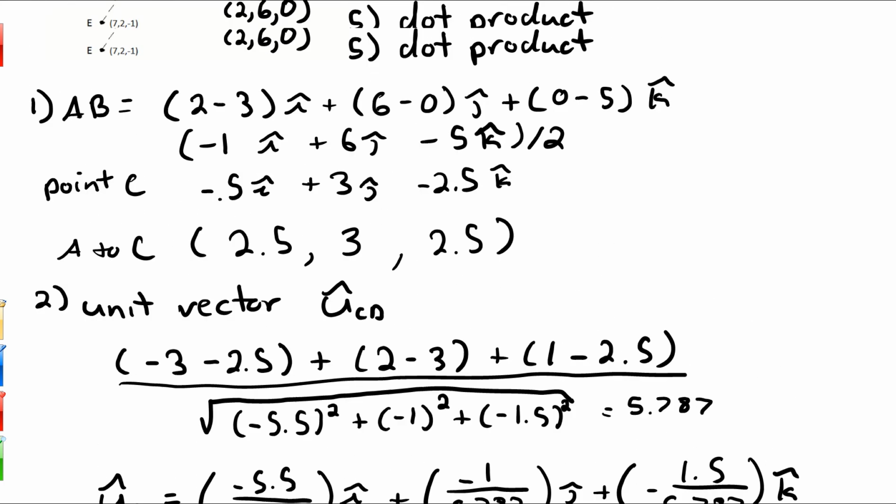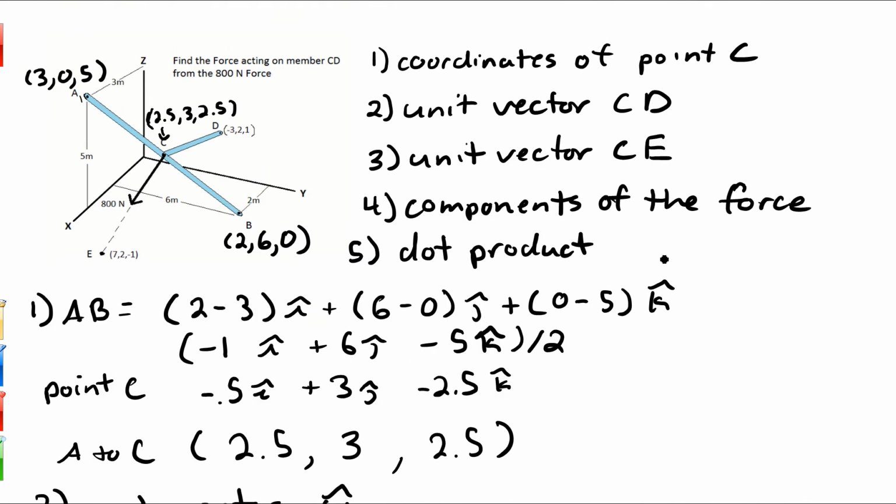And keep in mind, our overall goal here is to do the dot product of our force times our force's components. So we're going to need UCE dotted with UCD, and that's going to give us our projected force on that member.